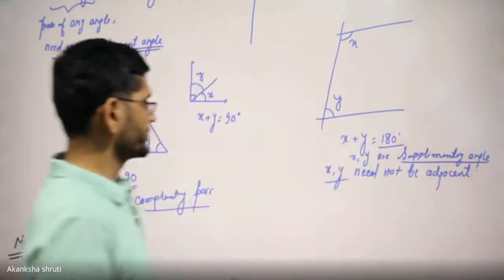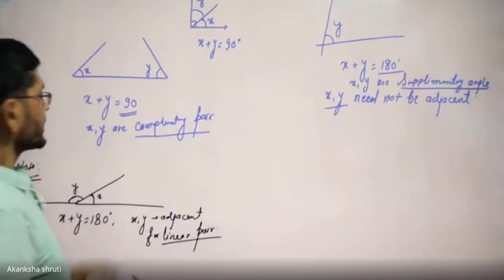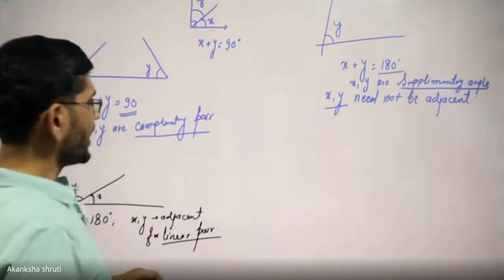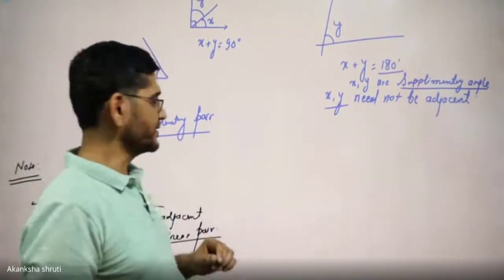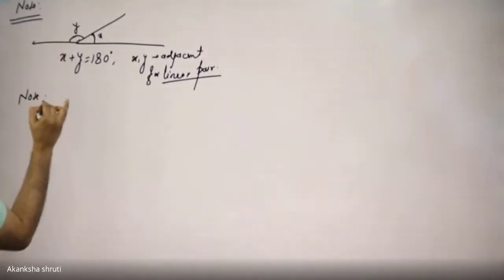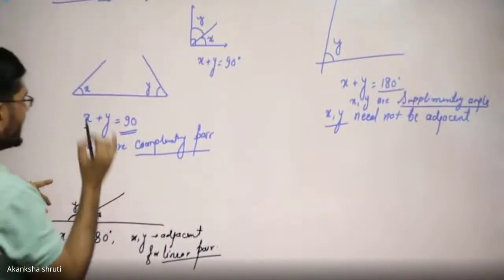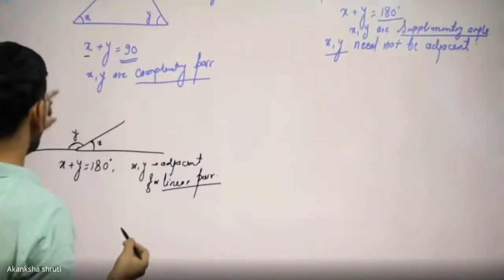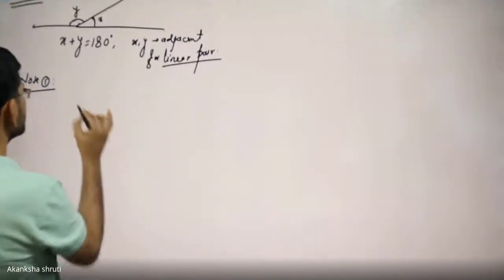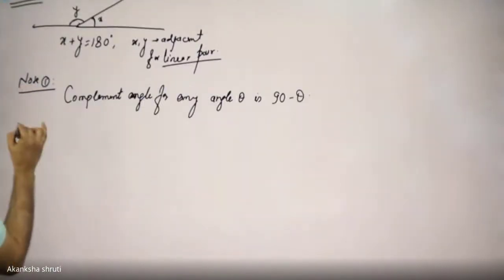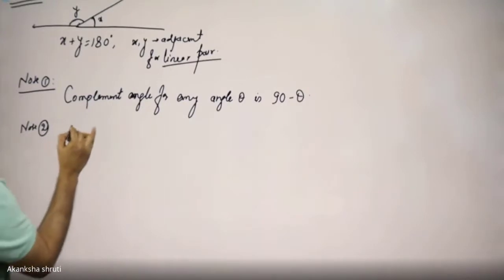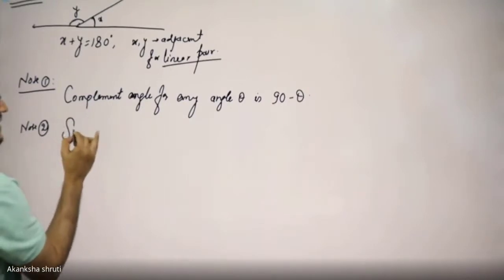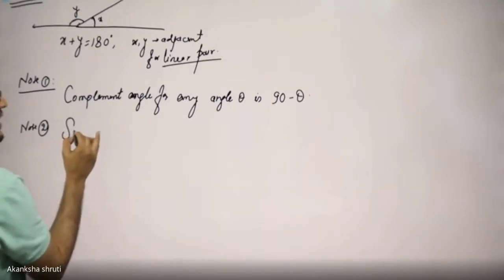Based on this, the questions are asked. Considering this, how the complementary angles are taken, that is being asked. So write down the note. 1. Complementary angle for any angle theta is 90 minus theta. The second note is supplementary angle for any angle theta is 180 minus theta.